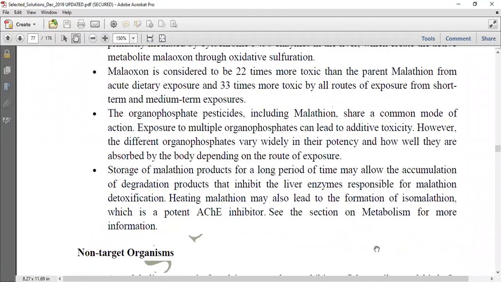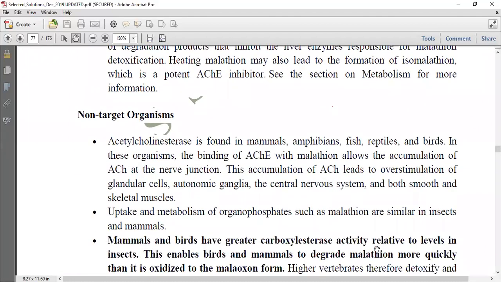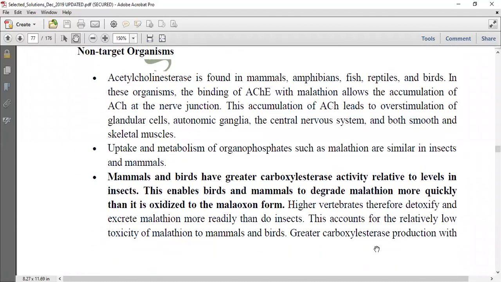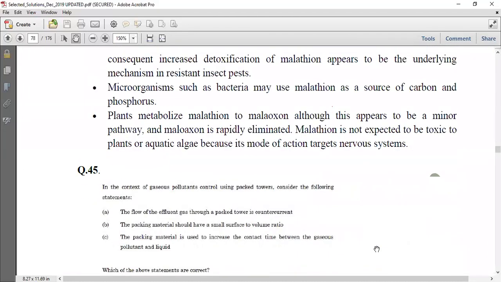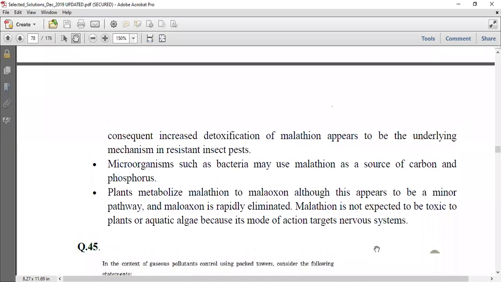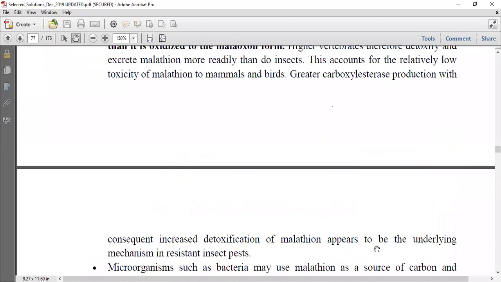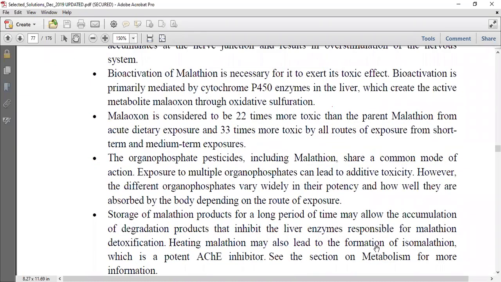But in general, if you see the malathion and parathion toxicity, the literature has been covered here.